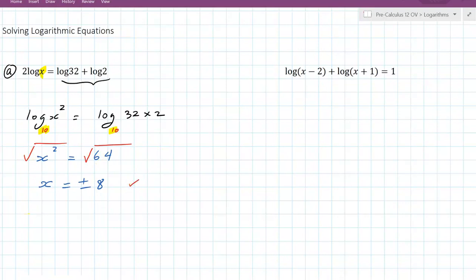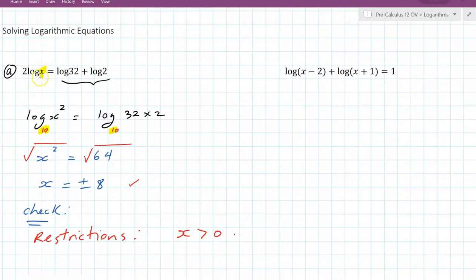Then you need to check your answer. So check. All right. So notice a couple of things. Restrictions. Before doing that, check for restrictions. So let's do restrictions first. So the first thing that you notice is that x must be greater than 0.